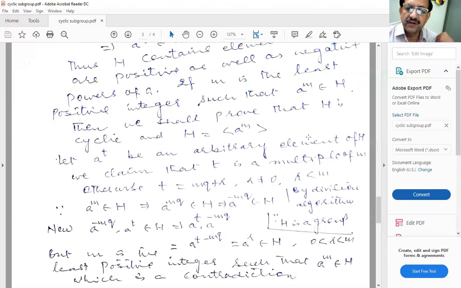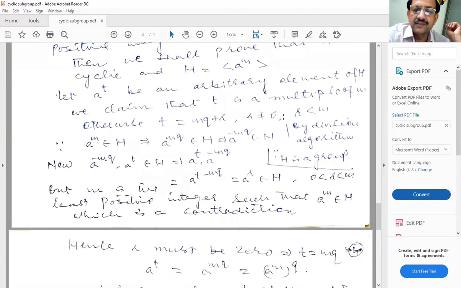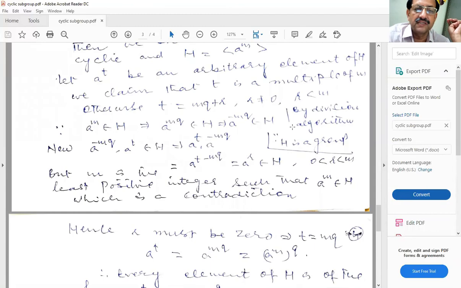So A raised to power r belongs to H. R lies between 0 and m. But m is the least positive integer such that A raised to power m belongs to H, which is a contradiction.